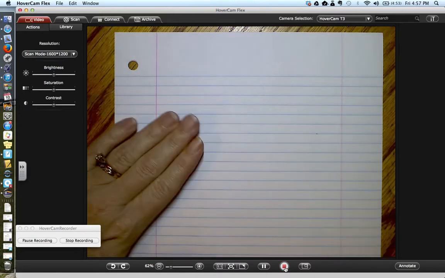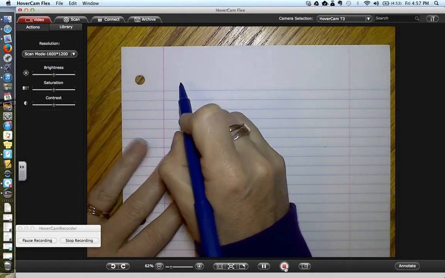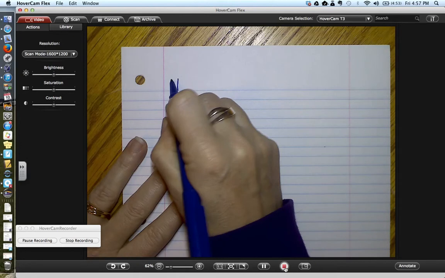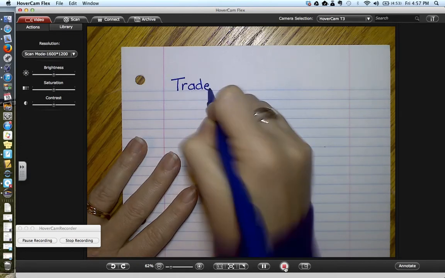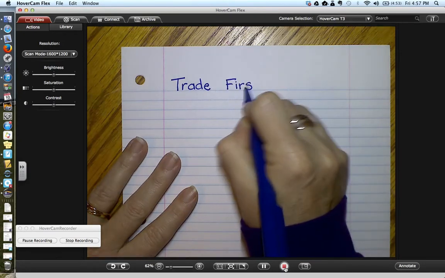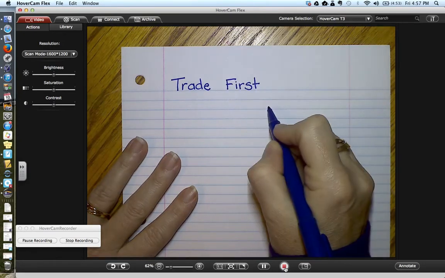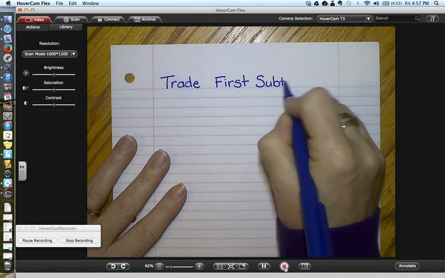Once you have that clean page ready to go, I would like you to write across the top the title of what we are going to be working on today, and that is Trade First, and here's the big long word, subtraction.